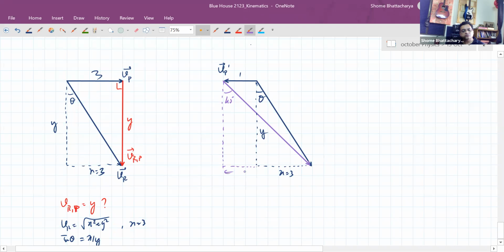You can see that this value is 1. And this value is y. Now from this diagram, what you can see is that (3 plus 1) upon y is equal to tan 45. So that is telling you that y is equal to 4.